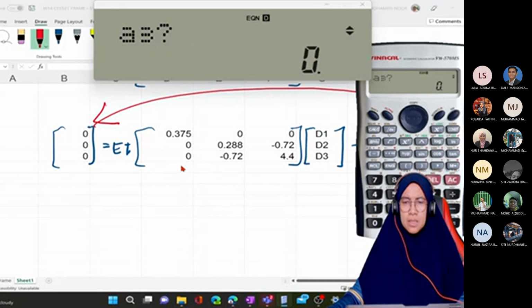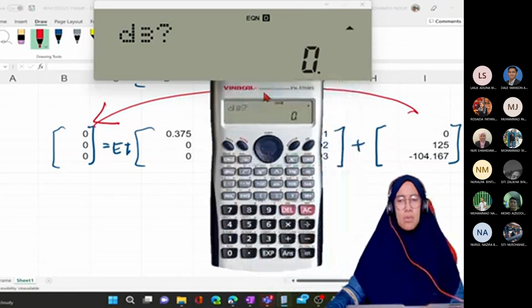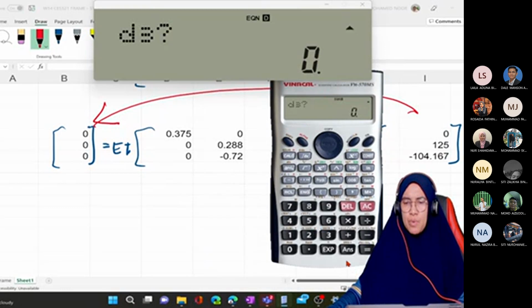A3 is 0. B3 is negative 0.72. C3 is 4.4. D3 is 0 plus 104.167, it is positive 104.167.